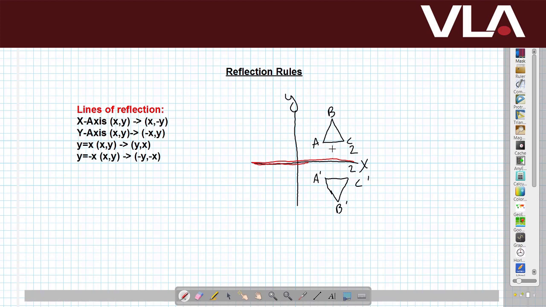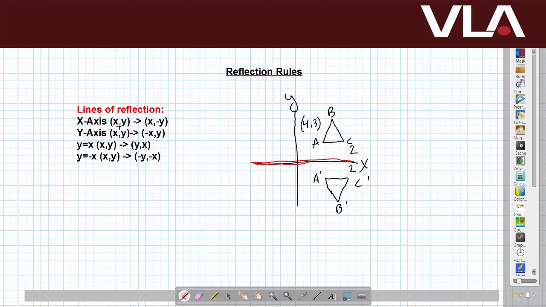Now to get these coordinates, it's pretty easy using your rules here. So if I just look at A, if I did this correctly with my sweet drawing, 1, 2, 3, 4, 1, 2, 3. So A would be at 4, 3. And if I'm reflecting it over the line, if my line of reflection is the x-axis, I look at my points.